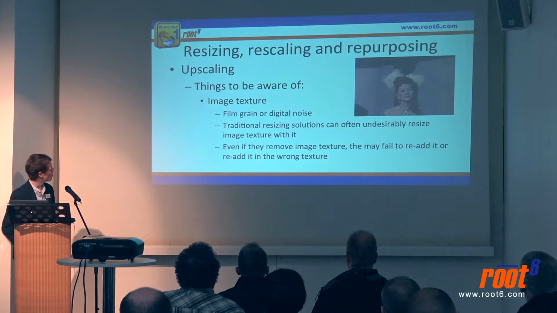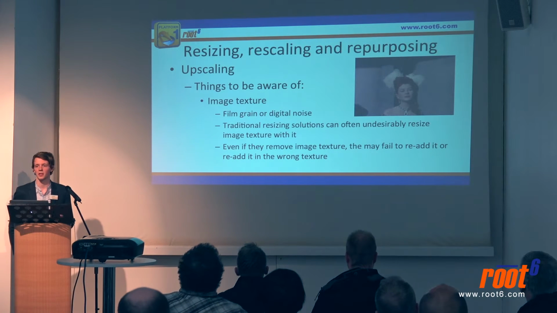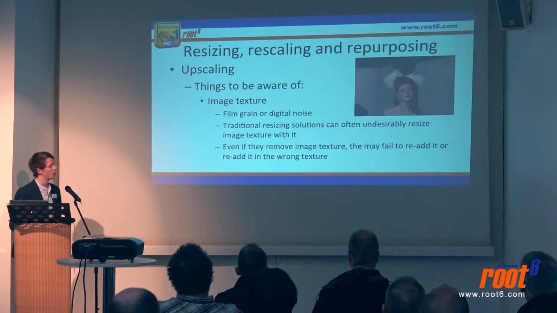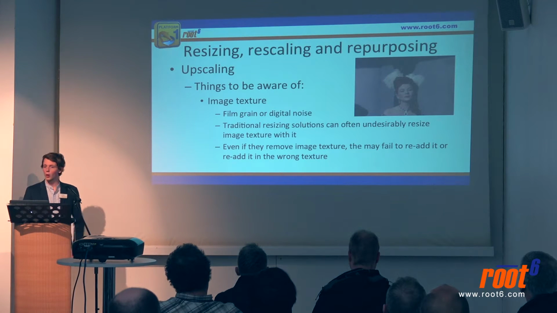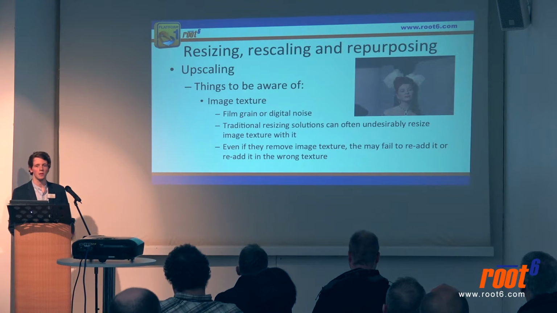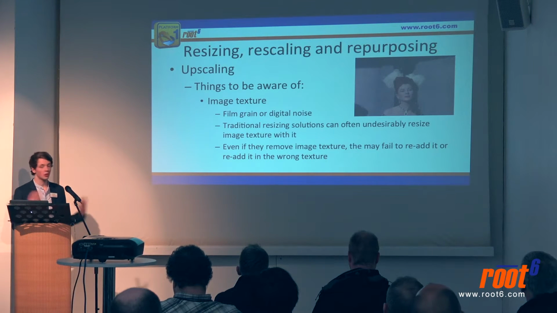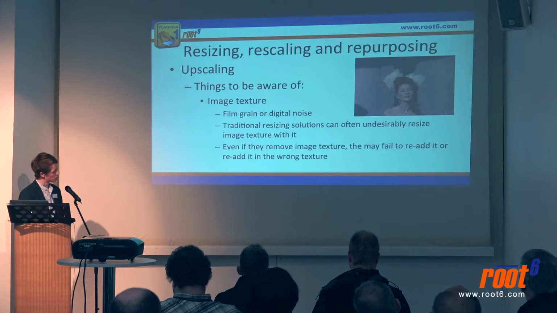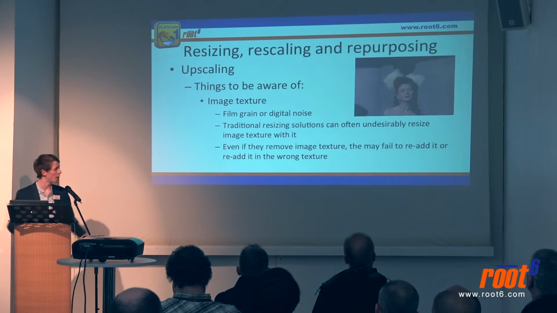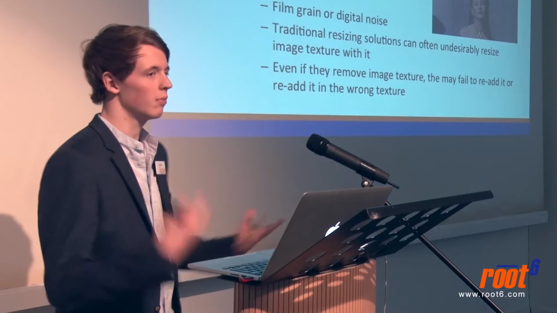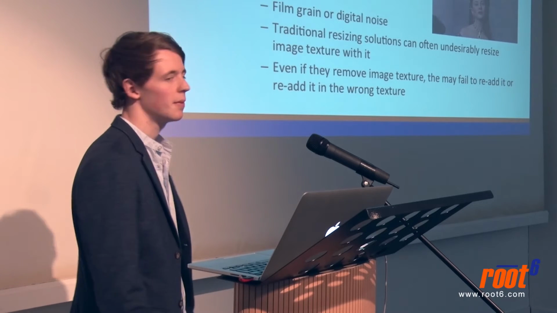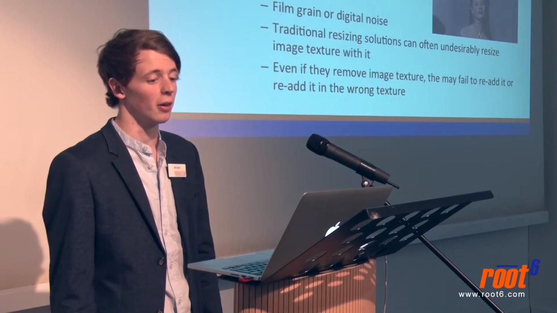Equally, film texture and image texture is something that gets forgotten when resizing. So not just film grain, digital noise as well, something that's inherent in all images. Some traditional resizing solutions can just grab that noise and blow it up, undesirably resizing that image texture, and it doesn't really look natural.